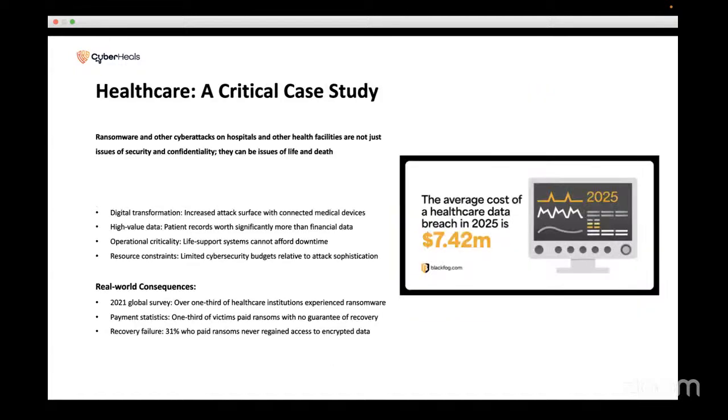Healthcare. Ransomware and other attacks on healthcare, hospitals. Everybody is going digital with patients, am I right? Remote patient assistance, high volume data. Over 1/3 of healthcare institutions experience ransomware attacks. This is the survey.